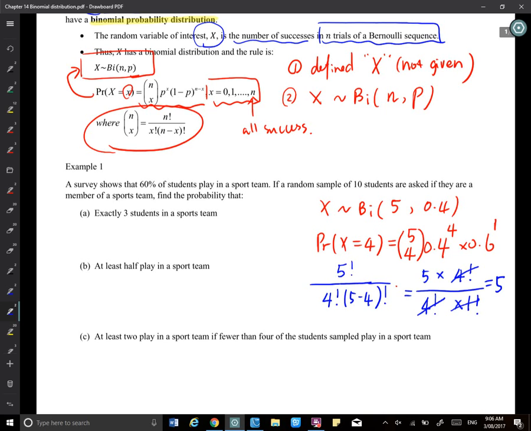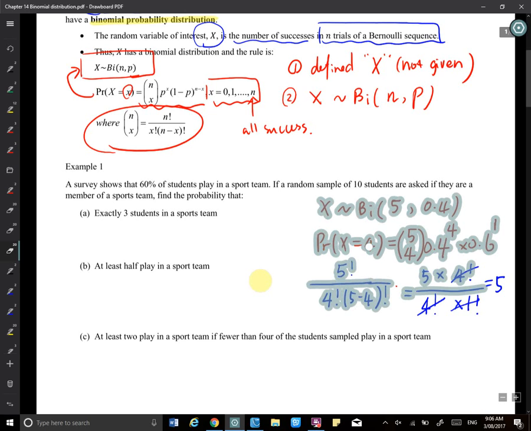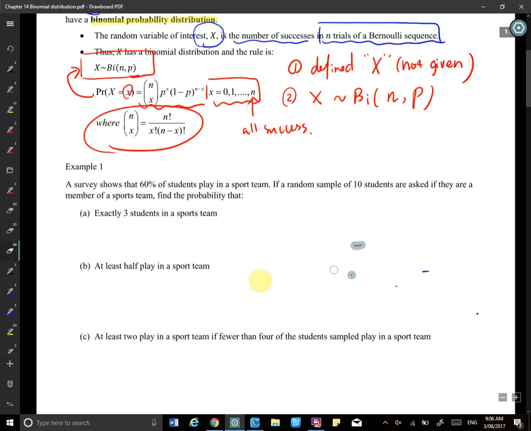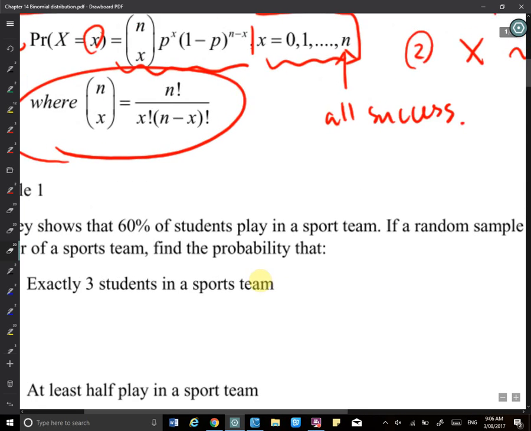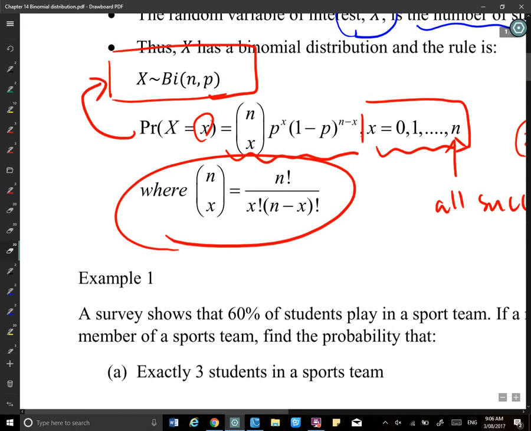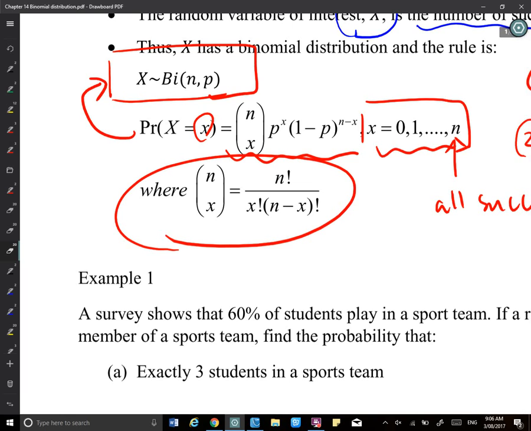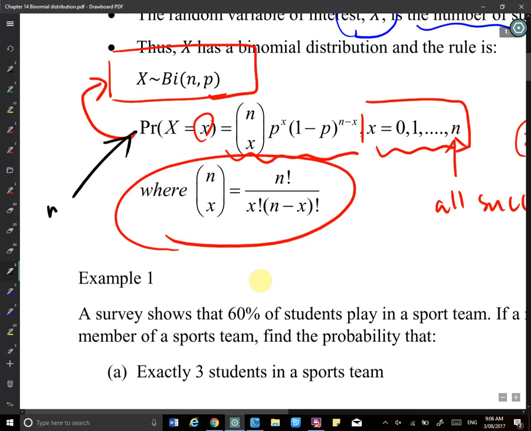So that's just an example of what we need to do for binomial distribution. I'll just clear this because I need this space. This is a formula to calculate, like a math function. It's still back to the previous knowledge.